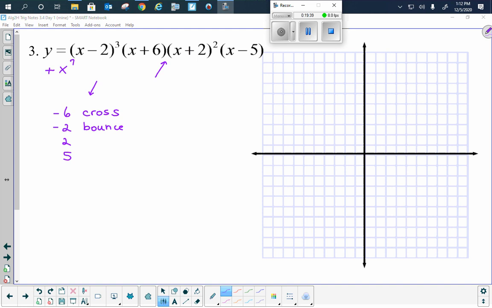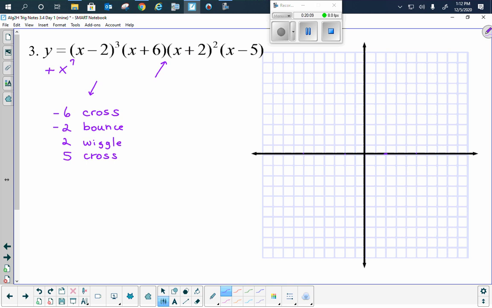The 2 is raised to what? An odd power. Okay, so that'll be a wiggle. And the 5 is raised to the first power, which again means it will be a cross. Okay, so here's -6, -2. 2 is a wiggle, so I'll just try to make a flat dash, and 5 is a cross.